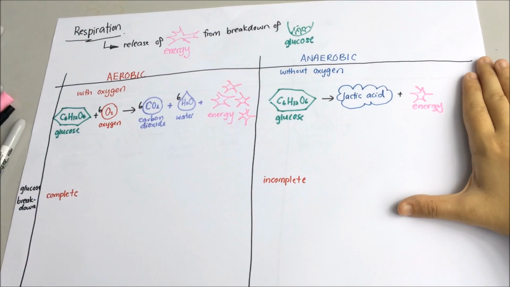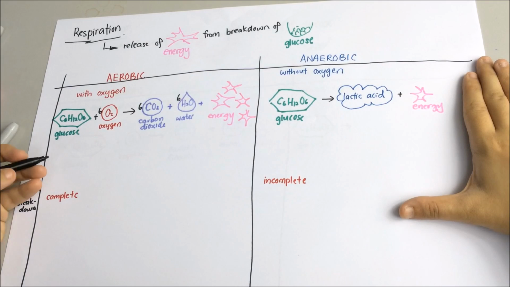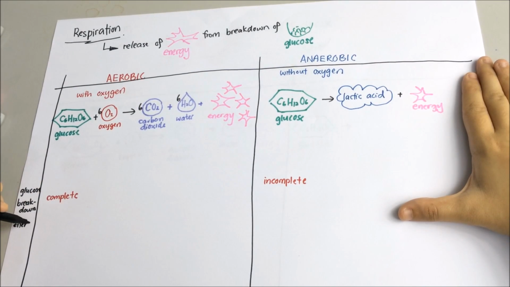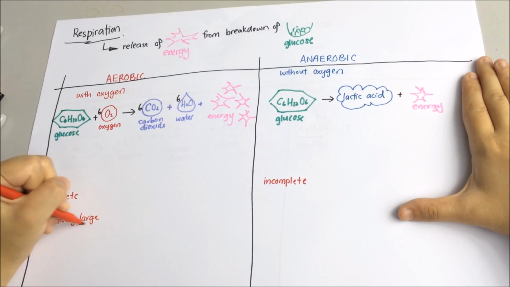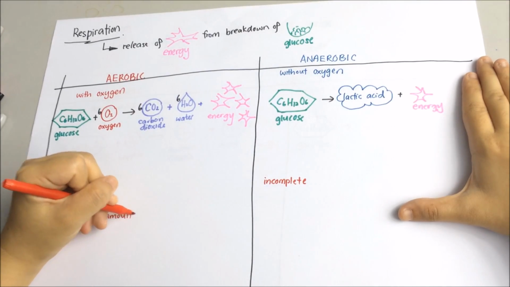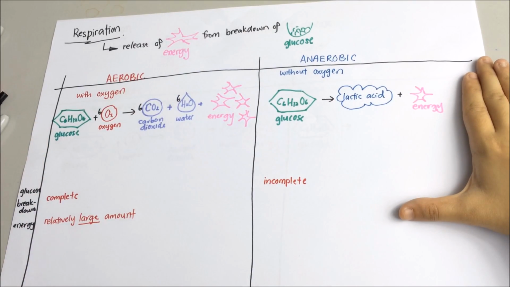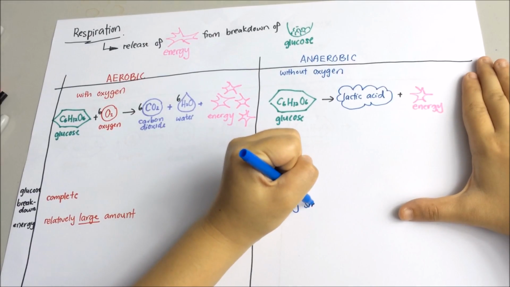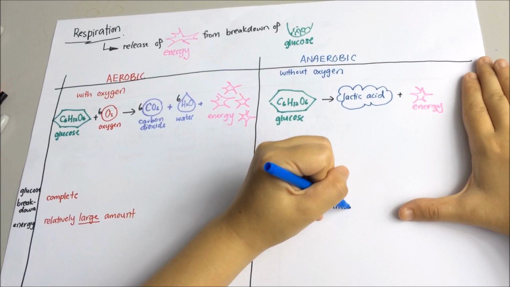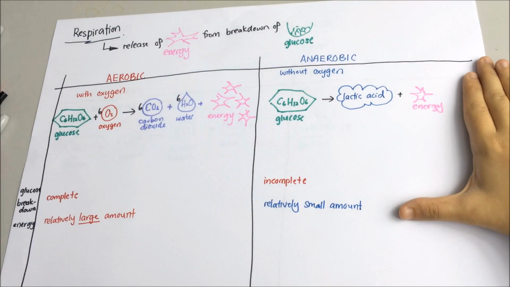As the glucose breakdown in aerobic respiration is complete, therefore it releases a lot of energy. Because the glucose breakdown in anaerobic respiration is incomplete, it releases very little amount of energy, probably around 5% of the energy released by aerobic respiration.